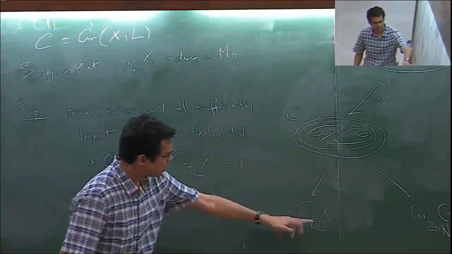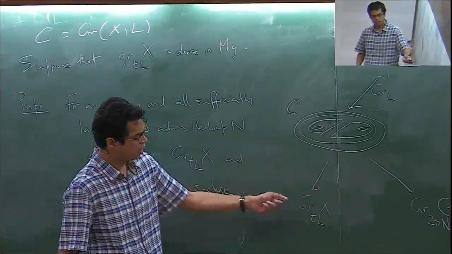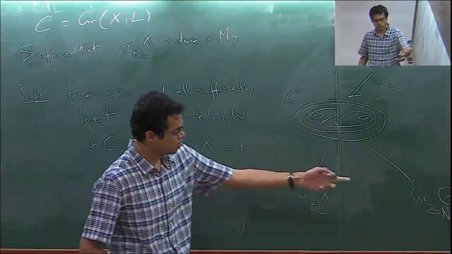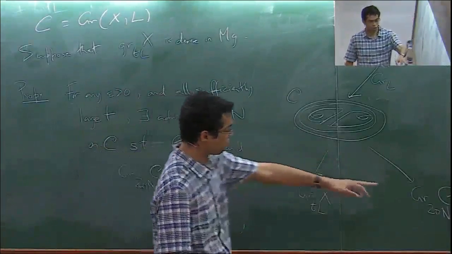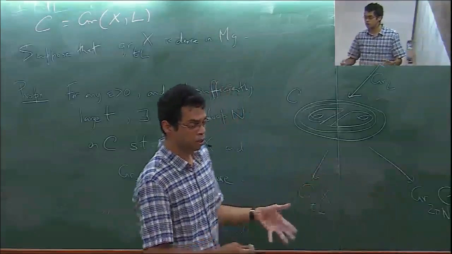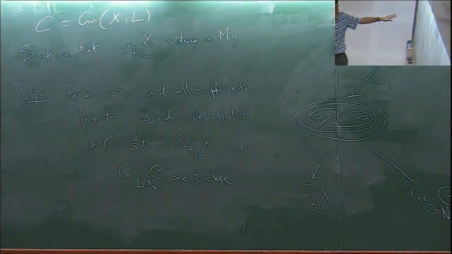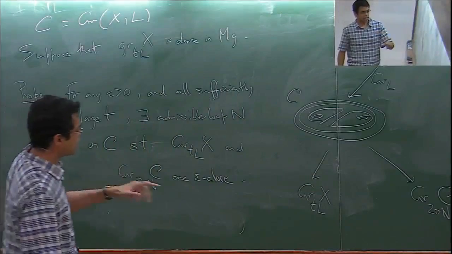Since this is getting dense in moduli space, getting close to any Riemann surface, by this proposition, so would this. Okay, so that's the more precise version of this idea.